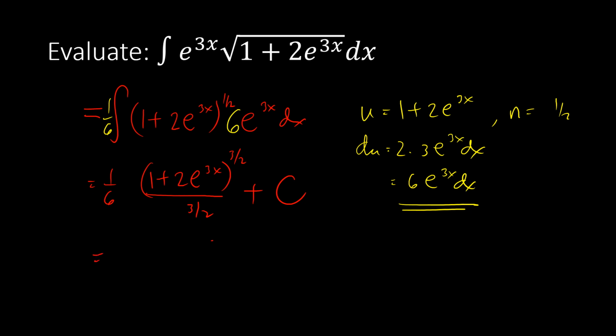Or 1 over 6 over 3 halves is 2 over 18, or that will be 1 over 9. Alright? And then (1 plus 2e to the 3x) raised to 3 halves plus c.